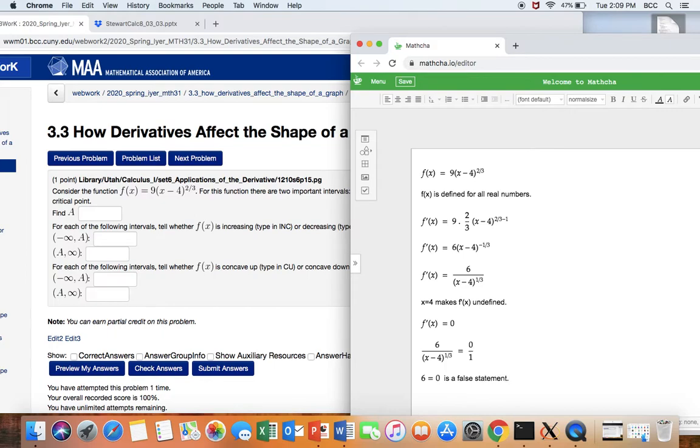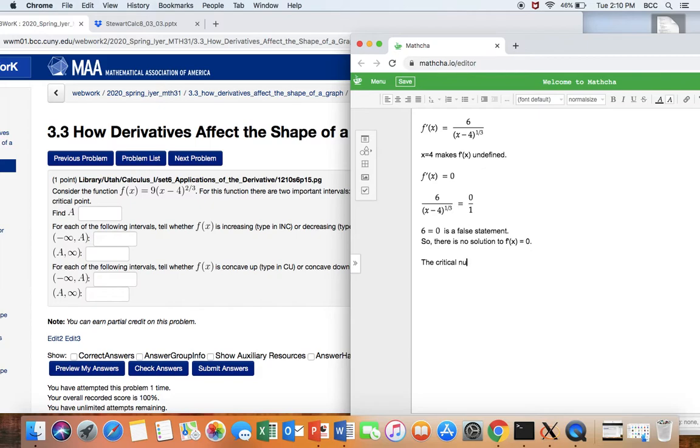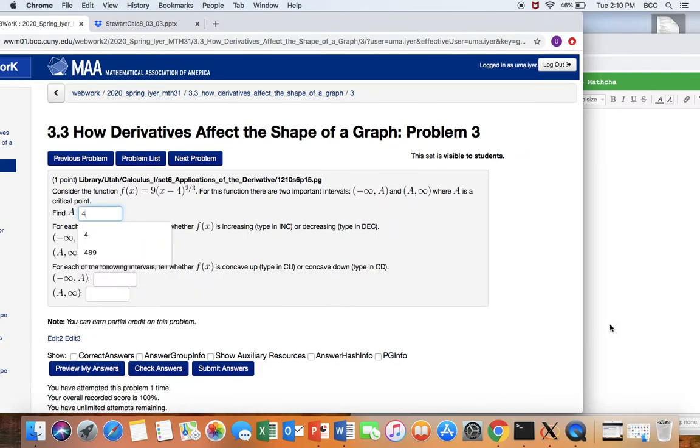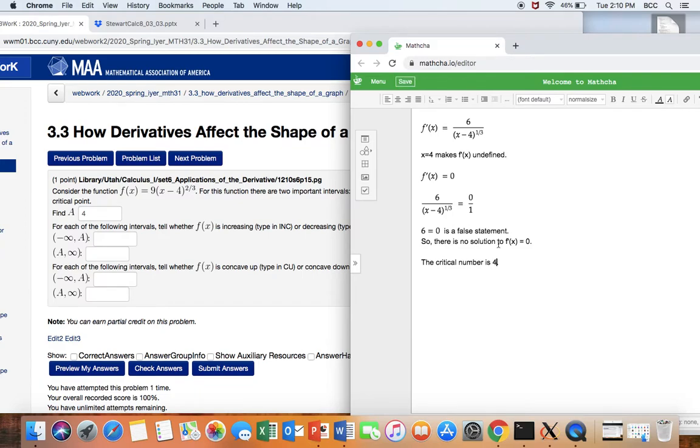You cannot have that. So there is no solution to f prime of x equals 0. So the only way to get a critical number is either set the derivative equal to 0, which fails in our case, or the derivative is undefined. So what is our a, the critical point? It is 4. Not 0, it is 4.